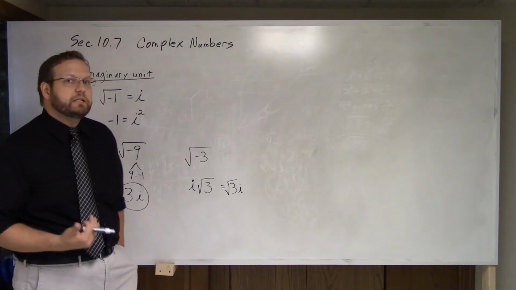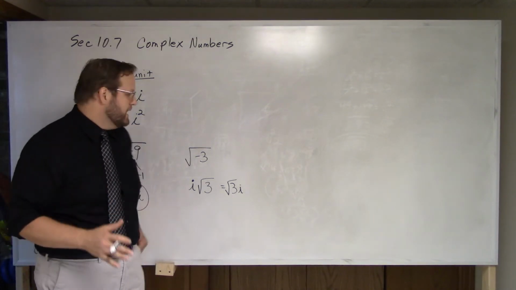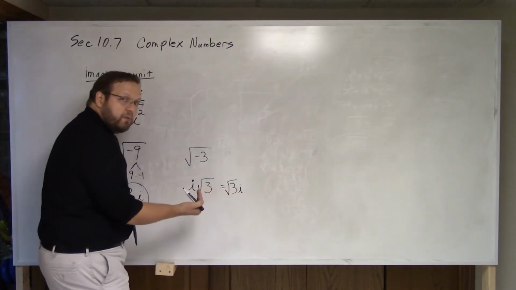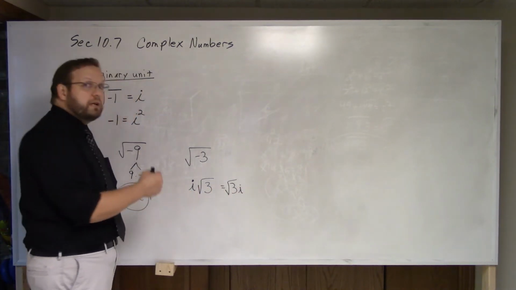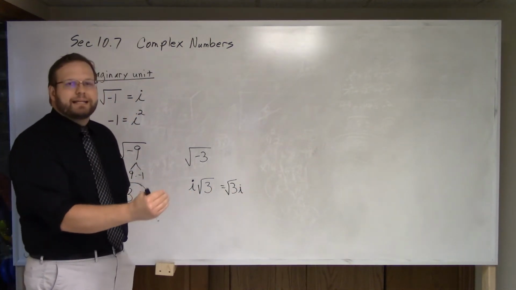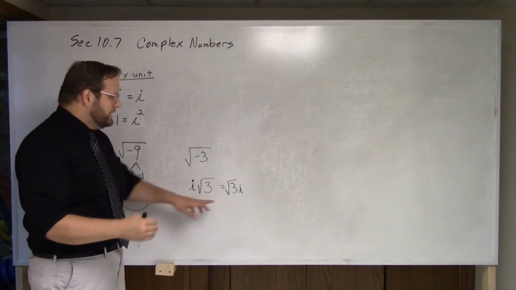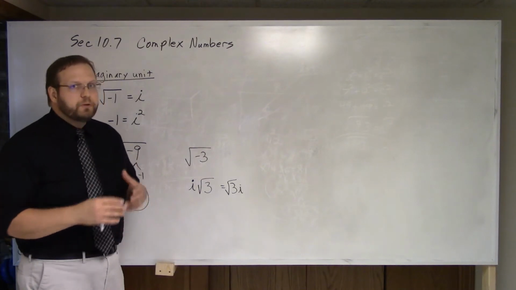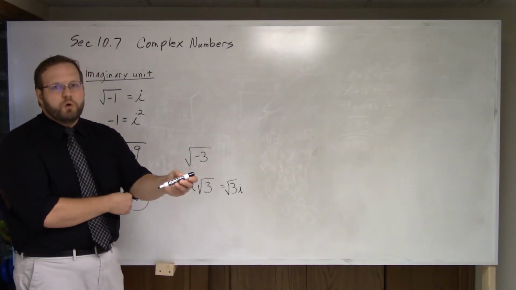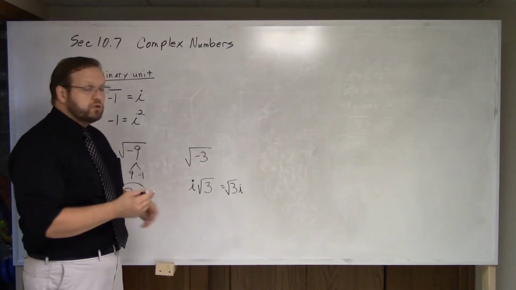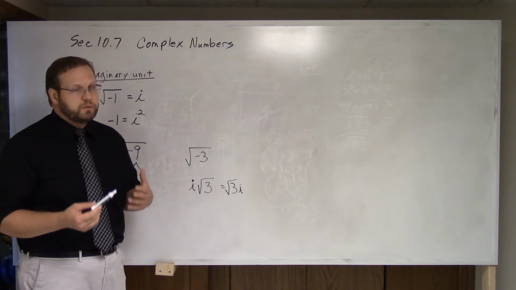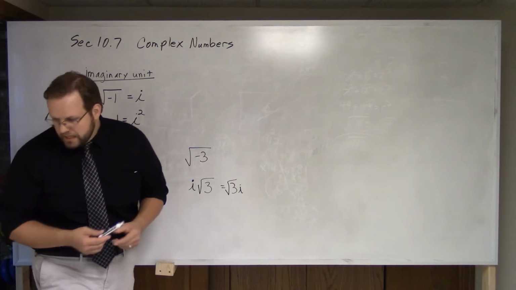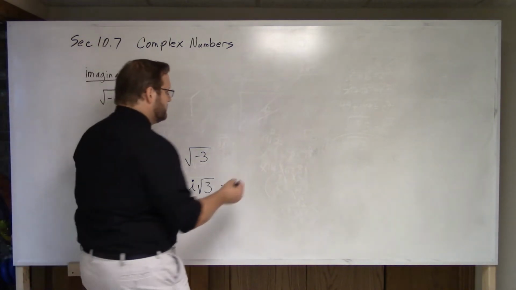I personally don't really like that because it is very easy for that i to migrate underneath that radical. Here it's very clear that it's not inside the radical. This is a lot of times how a textbook would write it, and that's fine, but again, it does leave you open to misinterpreting what you're writing. So just be careful with it. I personally like putting that i in the front. How about something like this?